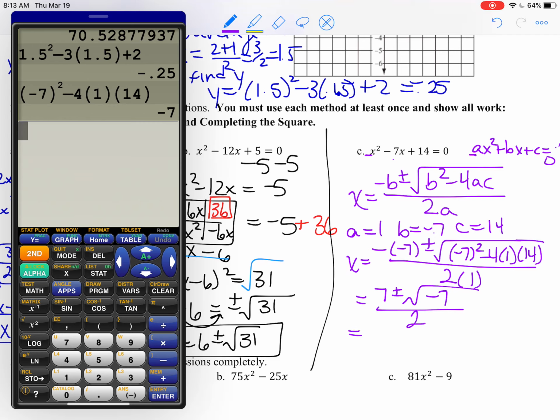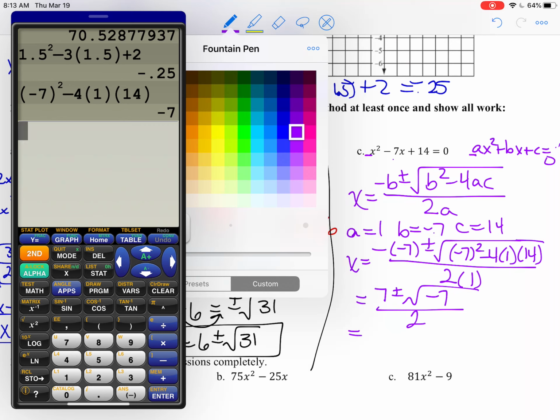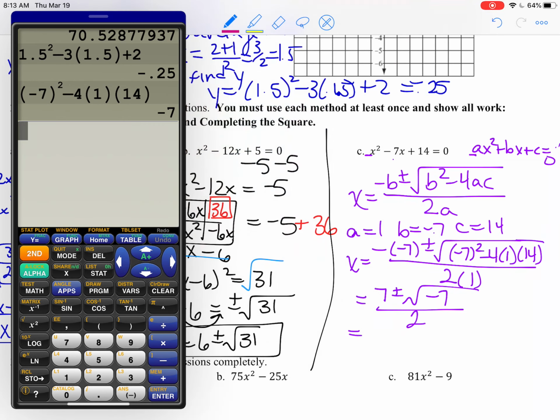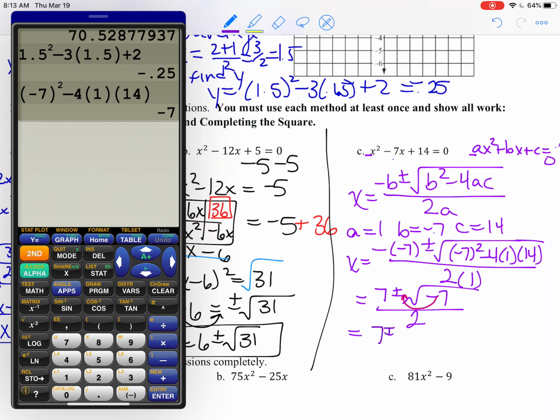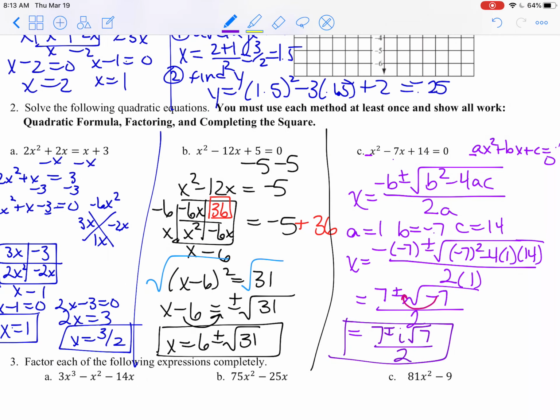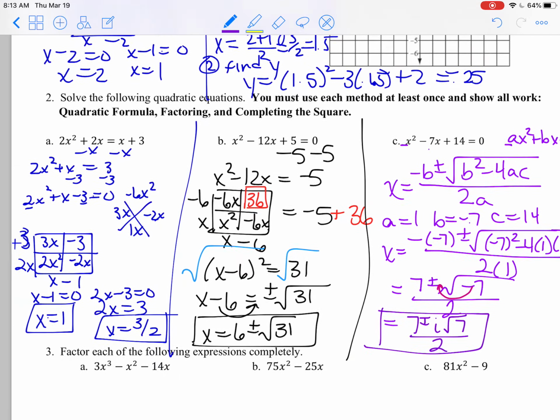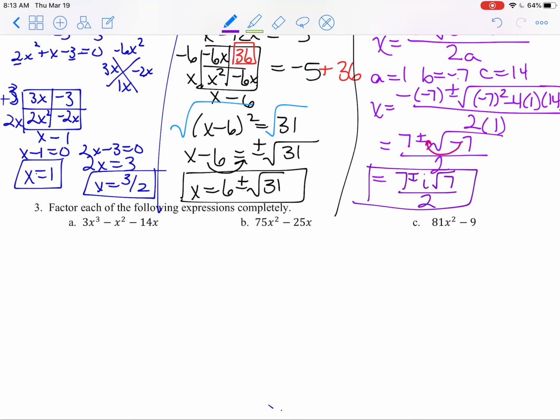And that equals, now we can't leave the negative under the square root, so we're going to take that negative and it comes out in front, in between the plus or minus and the square root, as an i. So 7 plus or minus i root 7 over 2. And there's our final answer. All right. We're pretty much done with the calculator now.